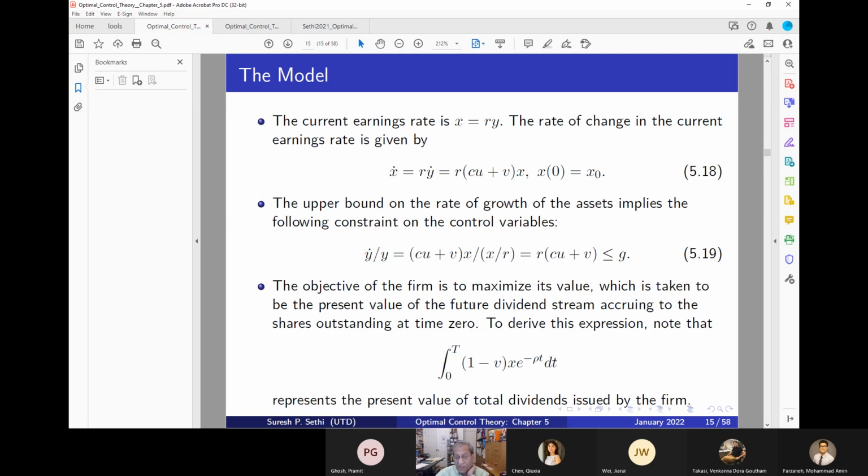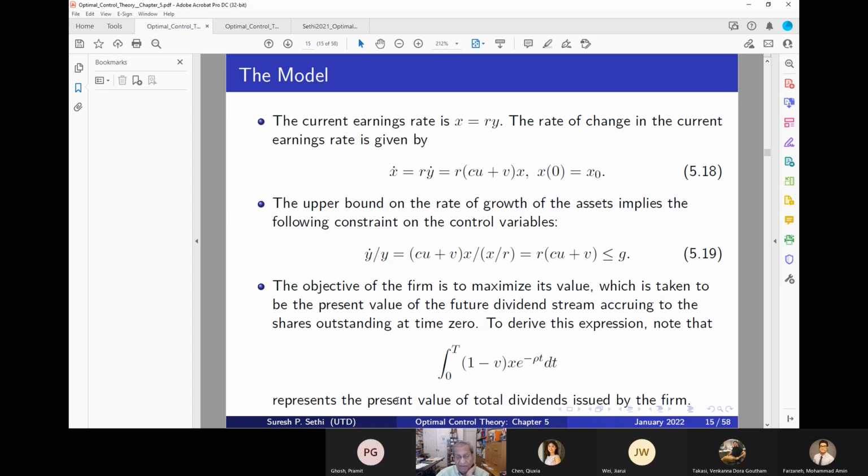It's the present value of the future dividend stream accruing to the shareholders who are owners of the company at time 0. So notice, they're getting this dividend times X. This is the dividend they're getting, and it is discounted and integrated.